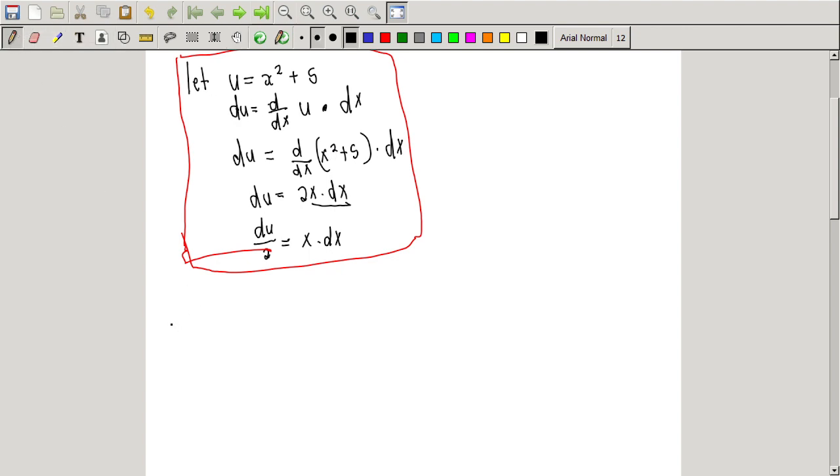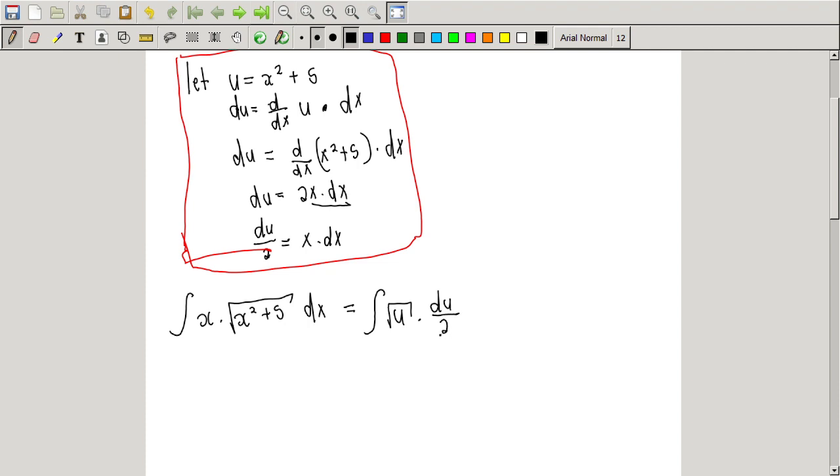So let me rewrite my integrand. It's x multiplied by the square root of x squared plus 5, dx. Which, when we express this in terms of u, is going to be the same as the square root of u multiplied by du over 2.